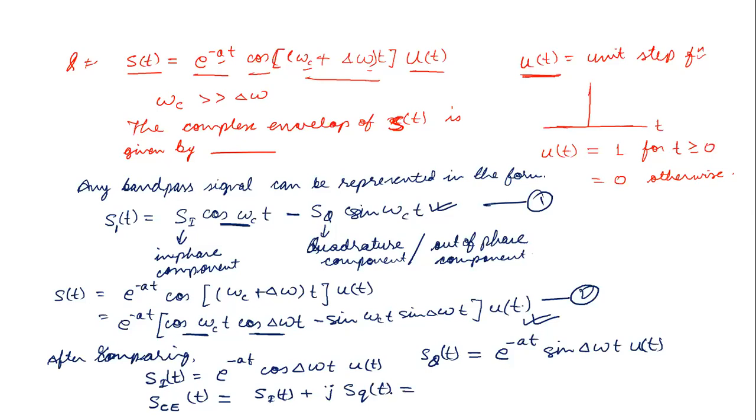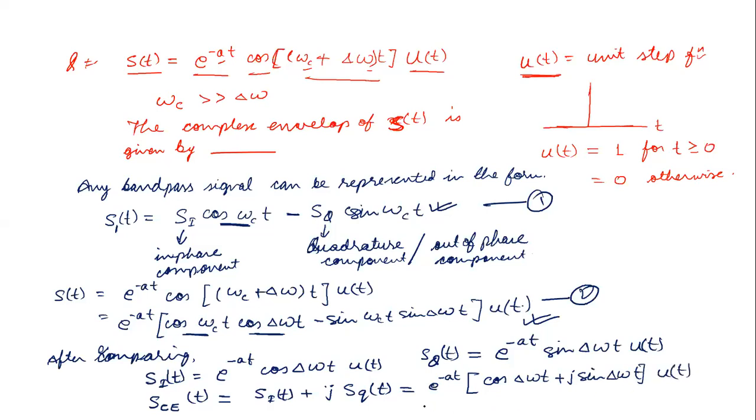Okay, so when we put these values, e to the power minus at cos Δω t ut, and इन दोनों values को जब हम यहाँ put करेंगे, then we will have e to the power minus at is common from both the terms, and under the bracket we will have cos of Δω t plus j sin of Δω t and ut.